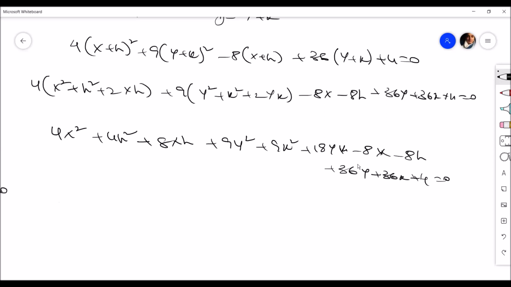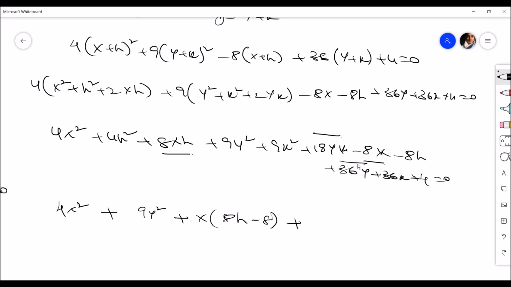So x square terms first, so that is 4x square, plus y square terms next, that is 9y square, plus x terms next. Where all do you see an x? There is an x here and there is an x here. So x into 8h minus 8, right? Plus, where all do we see a y term? That's a y term.